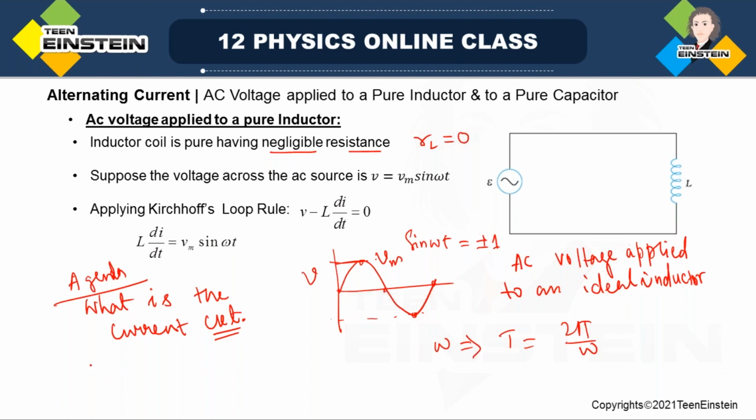What is the current and how is that varying with time? We are seeing that the voltage is varying as a sine function, so what about the current? Whether that is also a sine function or a cosine function? If it is cosine, whether it is positive or negative.